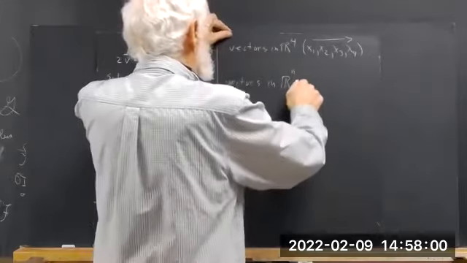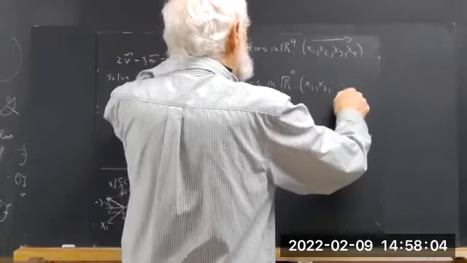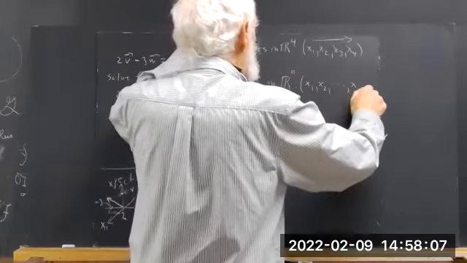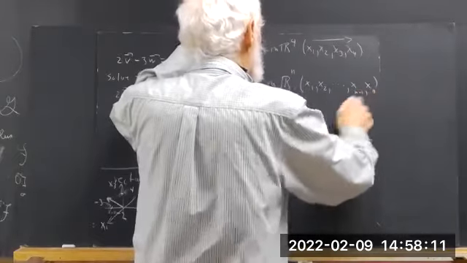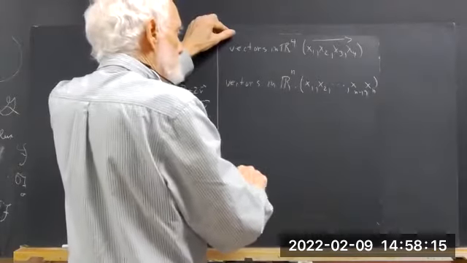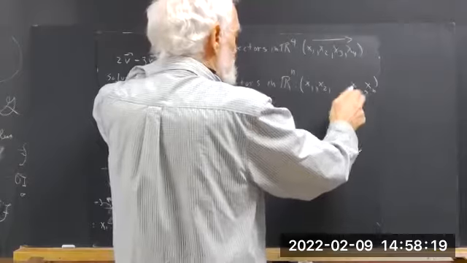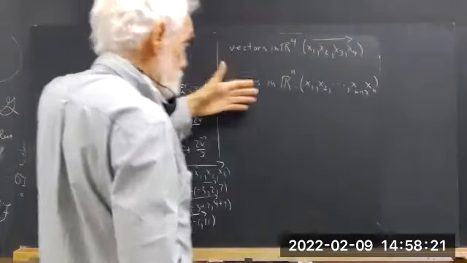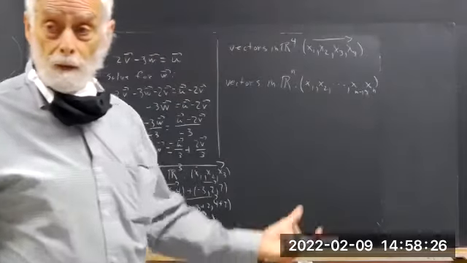Vectors in Rn, where n can be any number. You've got x1, x2, dot, dot, dot, up to xn, and I throw xn minus 1 in there, just to indicate that it could be a million dimensional space.